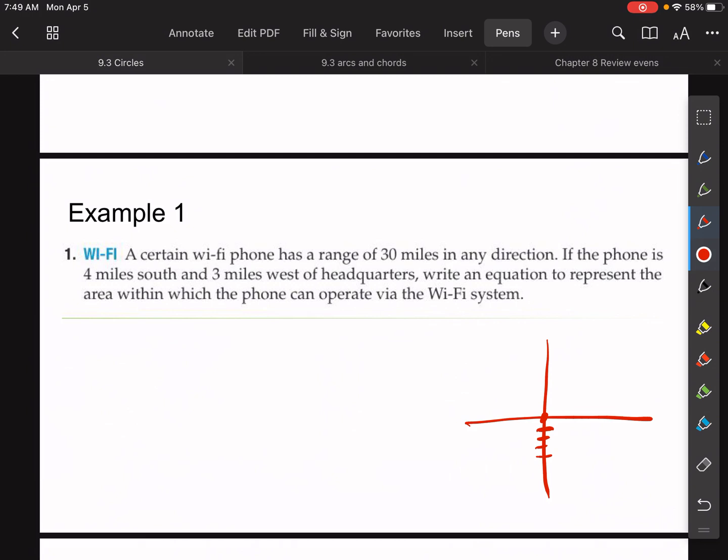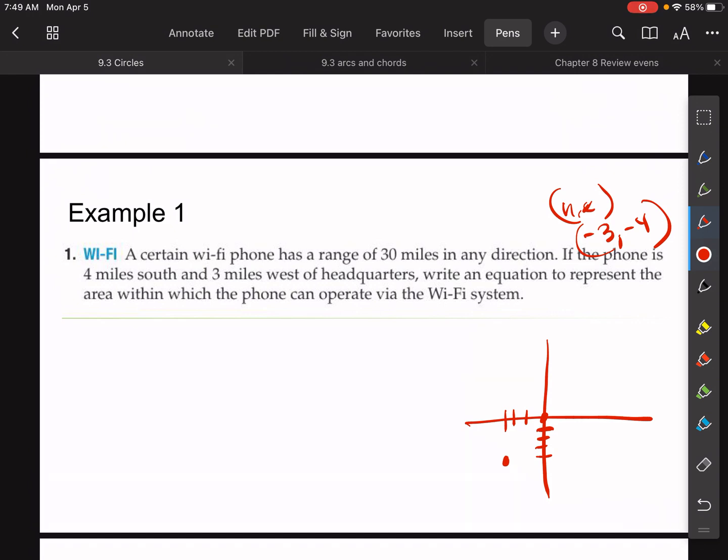So if you're 3 miles west, west would be to the left. Okay, so we have -3, -4. That's where our point is. So the center point, the h comma k, would be at -3 comma -4.